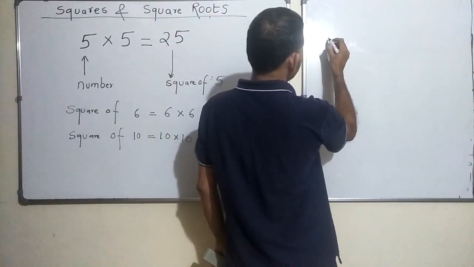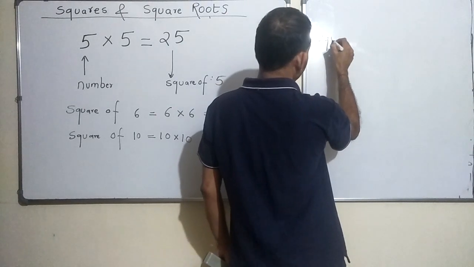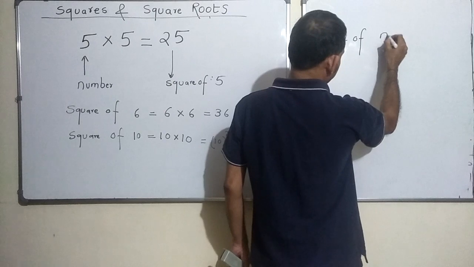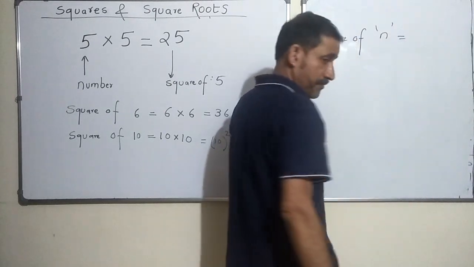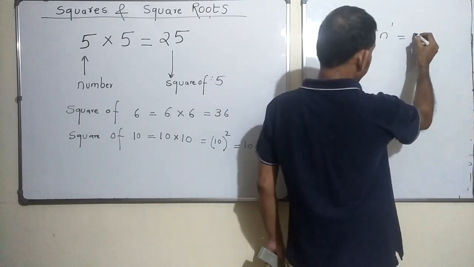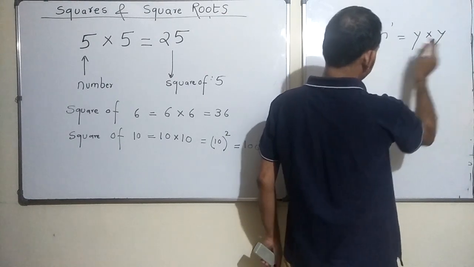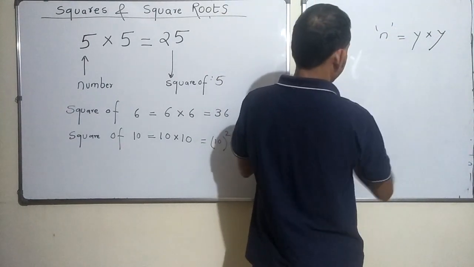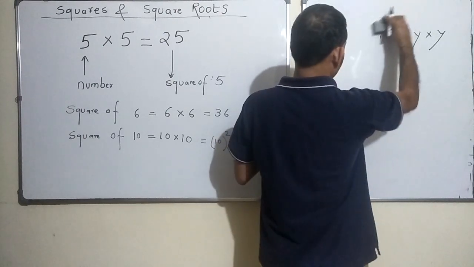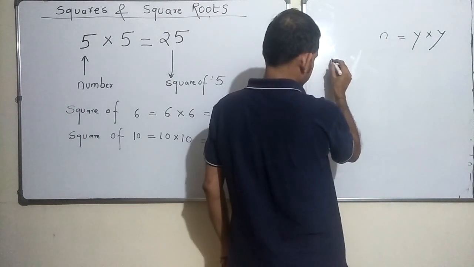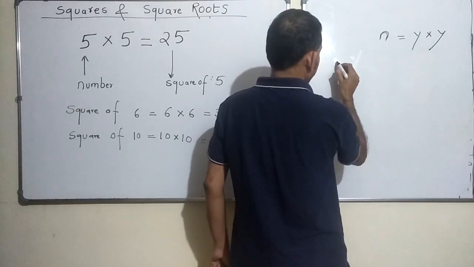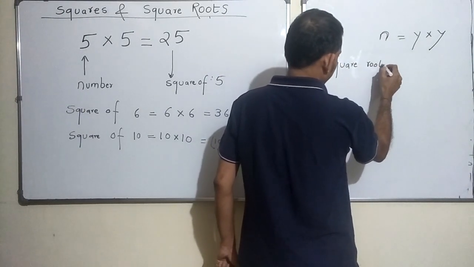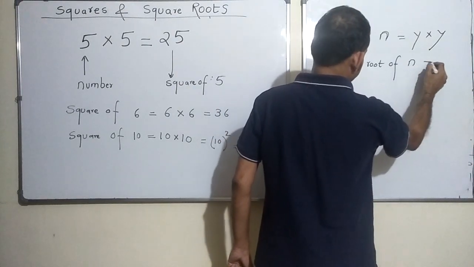Square root of a number n is that number which when multiplied by itself gives you n. So, nothing but if n is equal to y into y, which means square root of n is nothing but y.